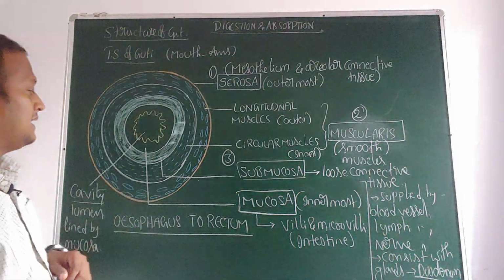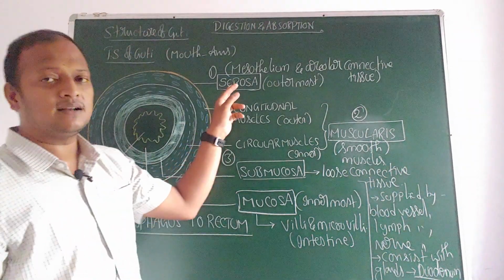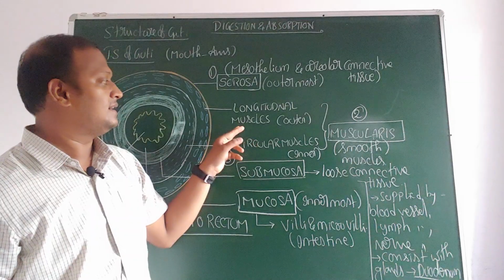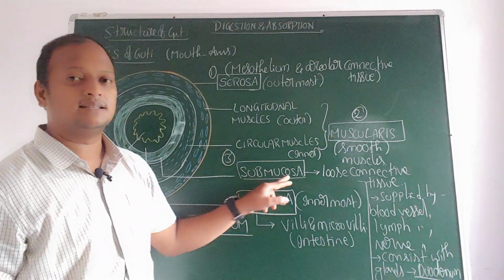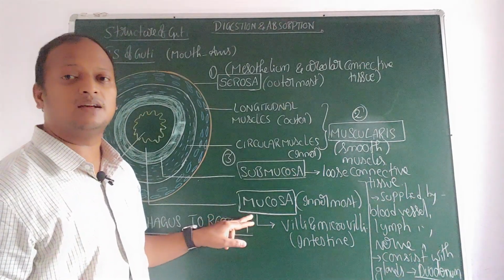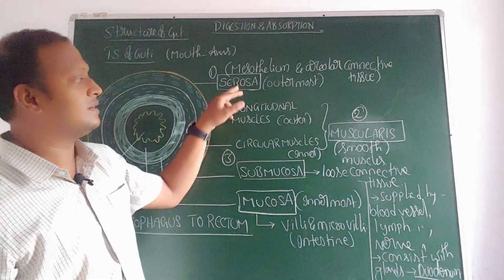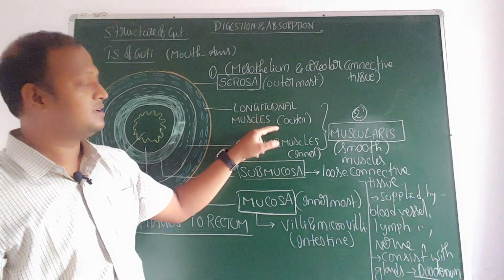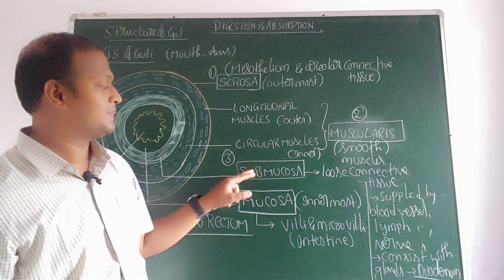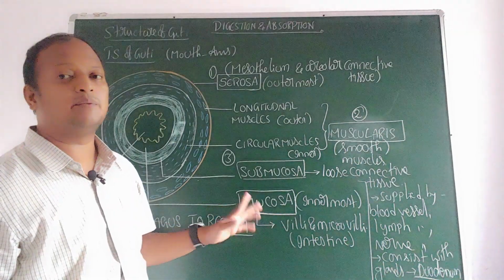What is the outermost layer? Serosa. The second layer is muscularis. The third layer is submucosa. The fourth layer is mucosa. Outer to inner: serosa, longitudinal muscles, outer longitudinal, inner circular, next submucosa and mucosa.